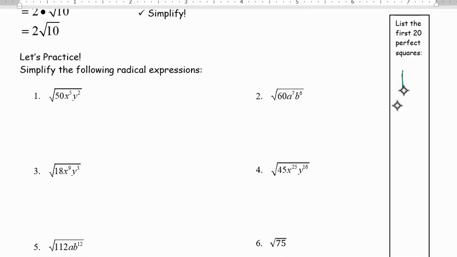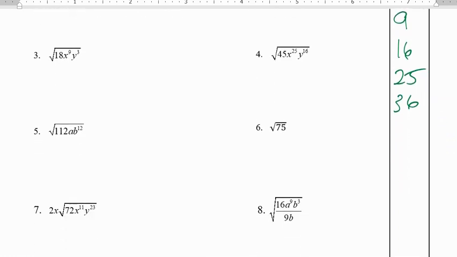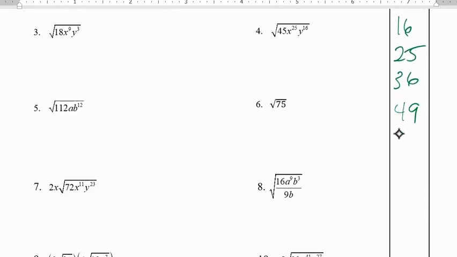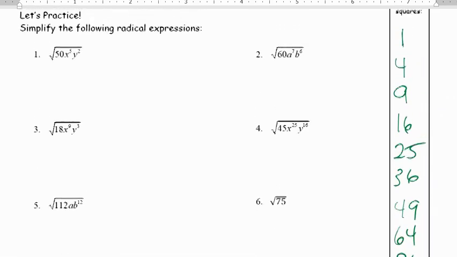The numbers aren't too big on this paper. So we've got 1, then 4, then 9, then what else? 16, good, keep going. 100. We're going to stop there only because this paper doesn't have really large numbers.